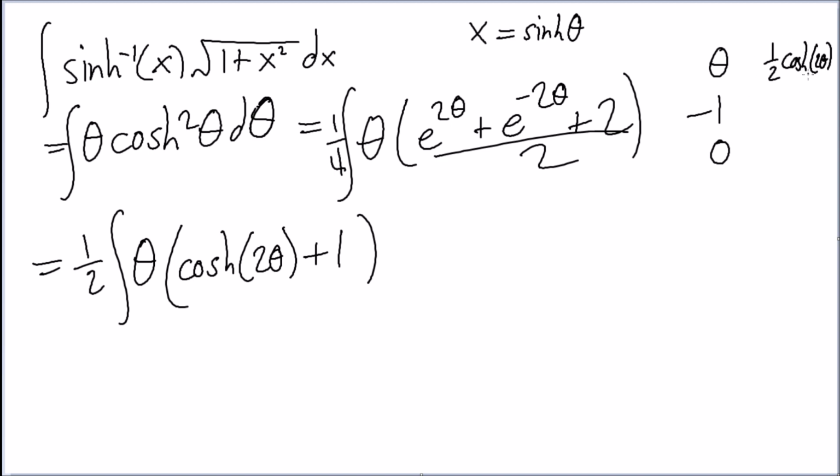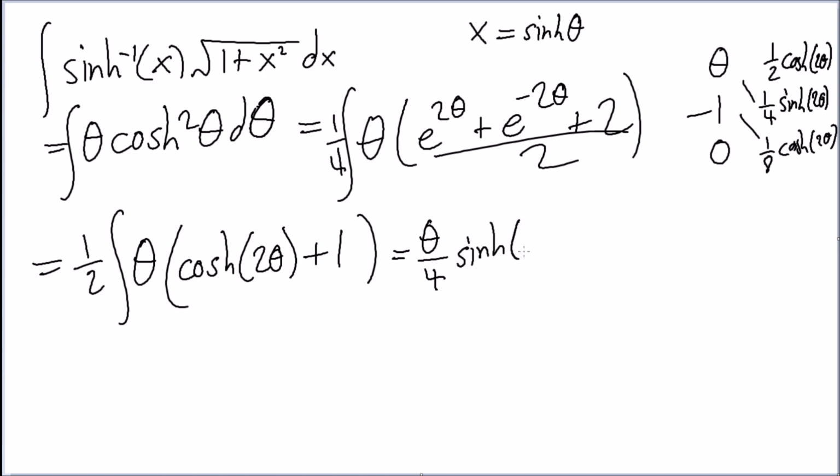And then if we integrate, we get 1/4 of sinh 2 theta, and then 1/8 of cosh 2 theta. And then the other is just theta squared over 4. Okay. So then we'll go ahead and plug in our answer. We get theta over 4 of sinh 2 theta minus 1/8 of cosh 2 theta, and then plus theta squared over 4.